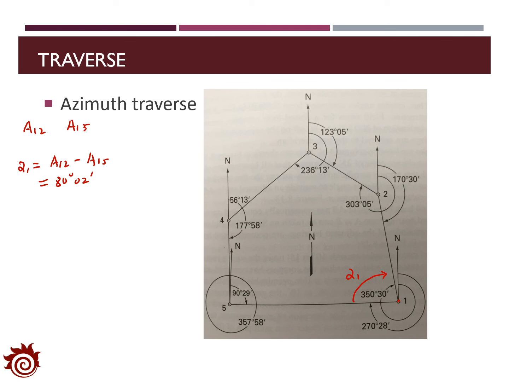It could be applied for all the other points. And then we need to calculate the summation of the interior angles to check the error. We know for the summation of all the interior angles, the value should be (n minus 2) times 180 degrees. By checking the errors, we can then apply the correction about the azimuths we measured for all the sides.